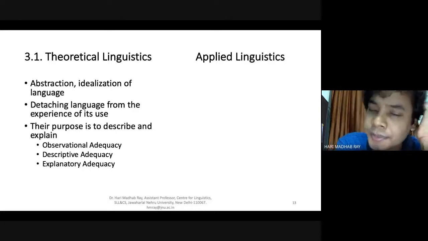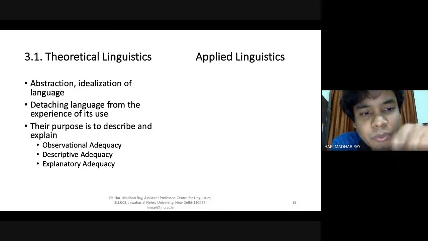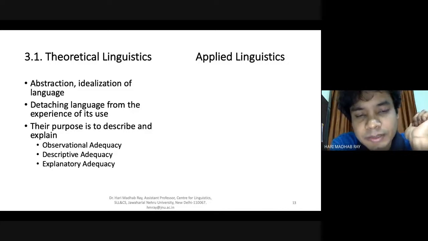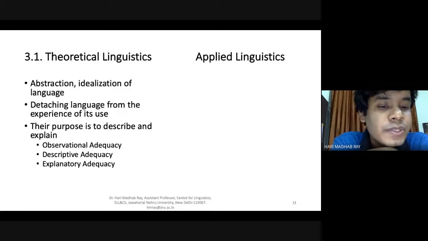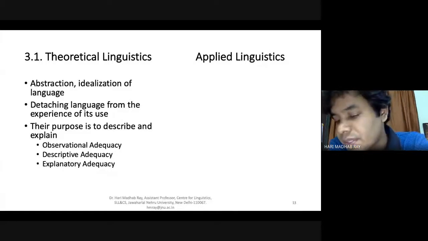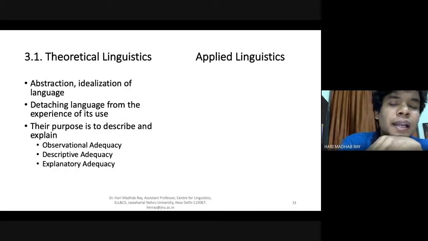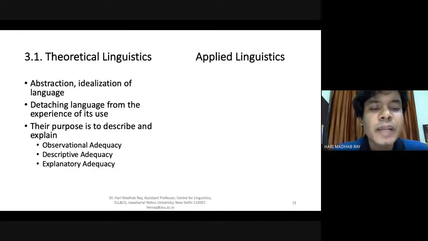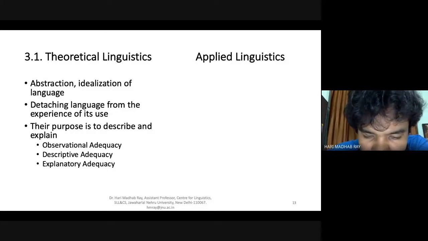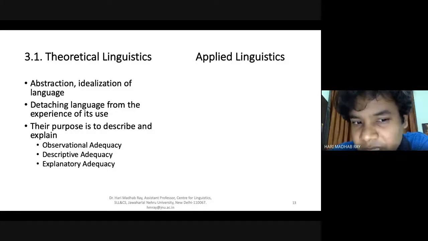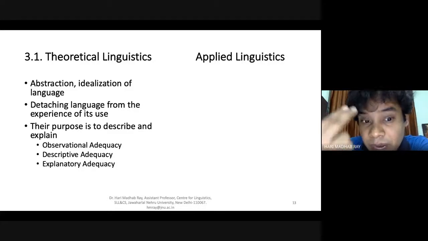Anyway, if you look at the line here, the purpose of linguistics or linguists is to describe and explain. And I just listed three types of adequacy: observational adequacy, descriptive adequacy, and explanatory adequacy. So the whole of linguistics, especially in the structural paradigm, and the Chomskyan paradigm, is mainly the mentalist paradigm. We are trying to look at language somewhere in the mind, somewhere in the brain.